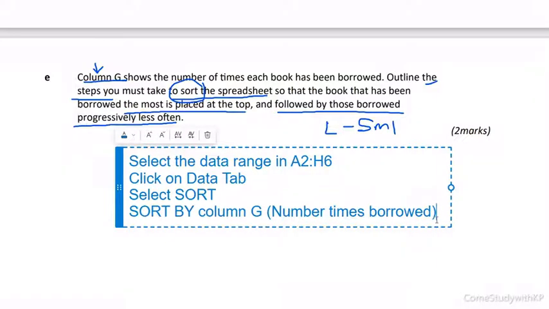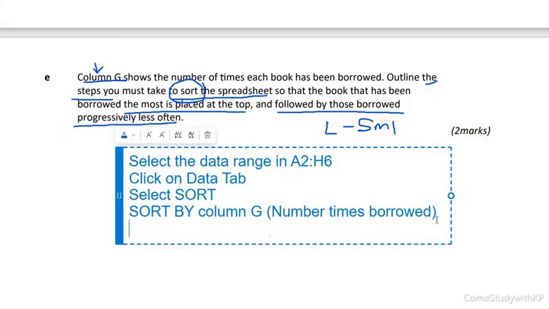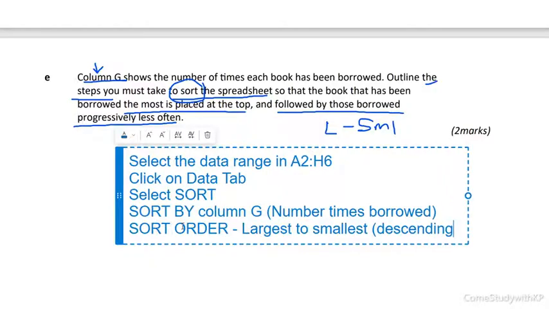And once we've done that, we also select the sort order. So we're going to sort by, and then we'll select our sort order. Since it's numbered, we're going to select largest to smallest. Or we can say we're doing it in descending order, right? So largest to smallest.